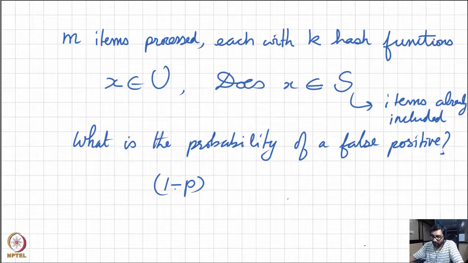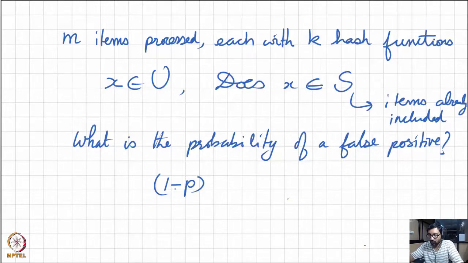And so when x is hashed, given that an n times p fraction of cells are already filled with ones on expectation, with probability 1 minus p, our hash value is going to fall into a cell that is already set to a 1.